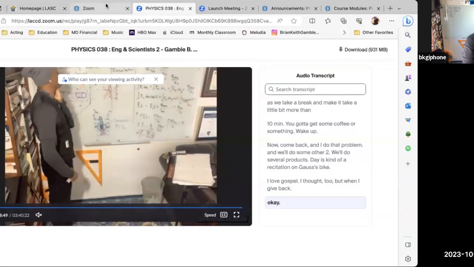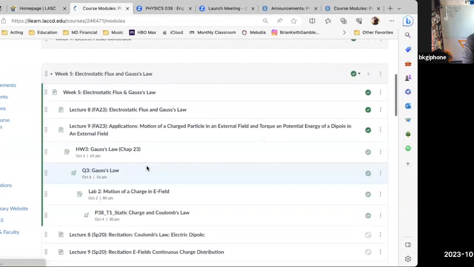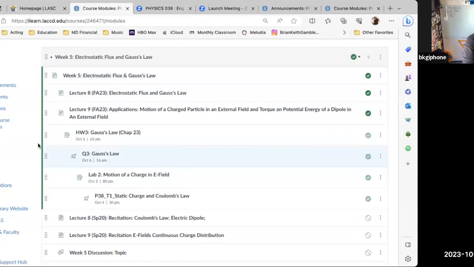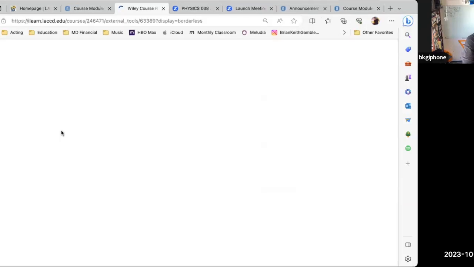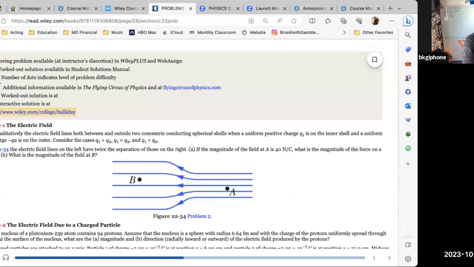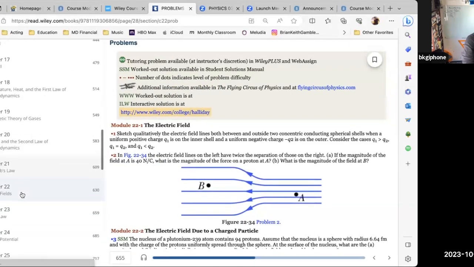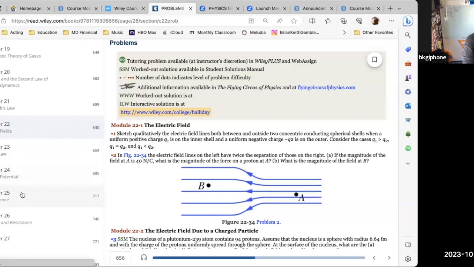So Gauss's law is chapter 23, and now we're going to enter into 24.